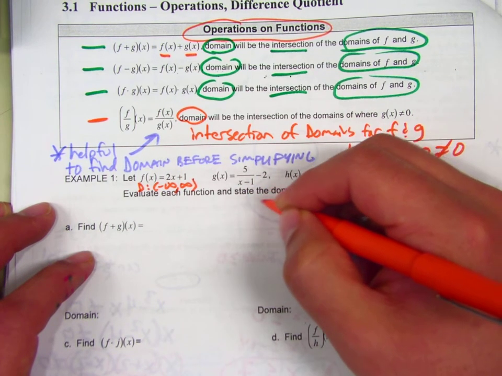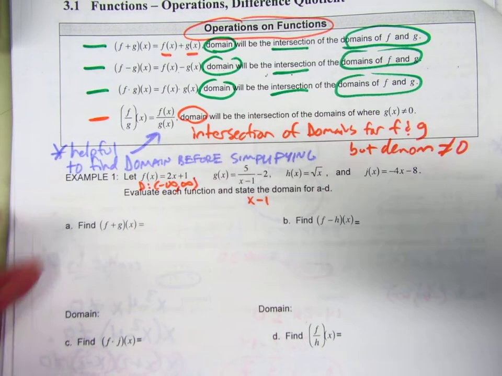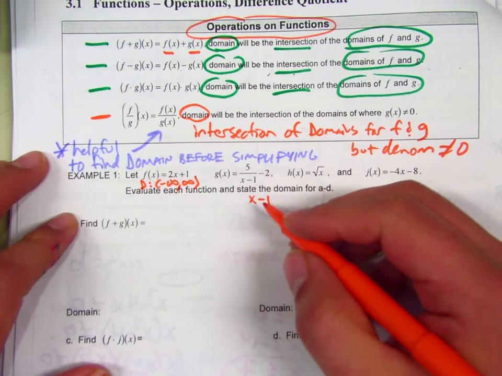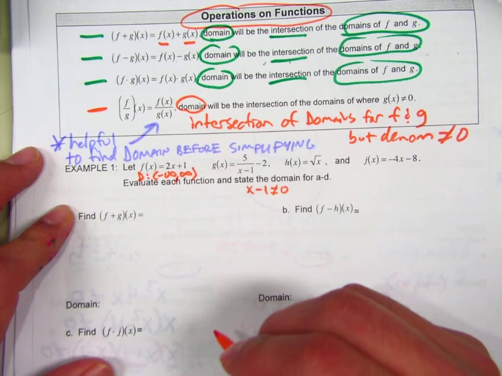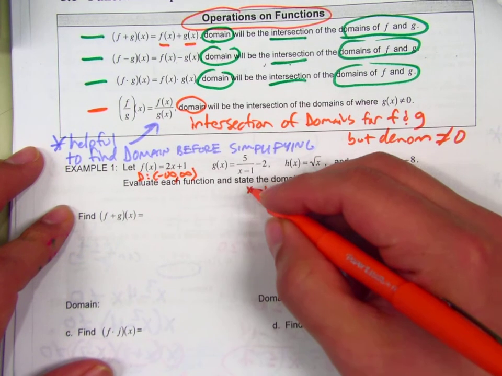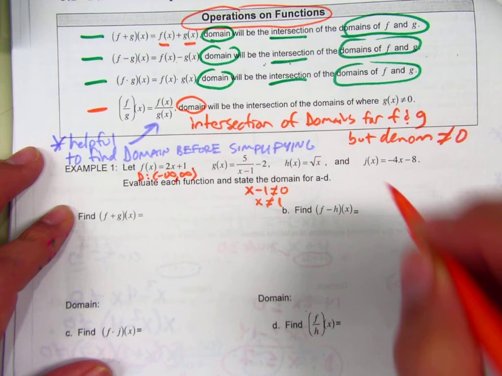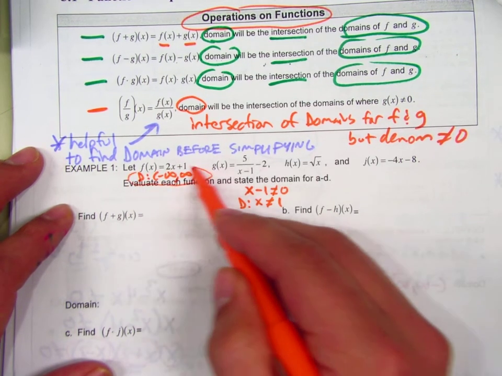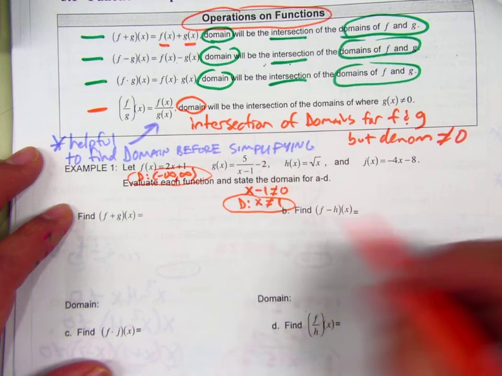So we're just going to take the denominator and figure out when it would equal 0. What x value do we not want to see here? 1, very good. So the domain, we have all real numbers for f, x not equal to 1 for g.